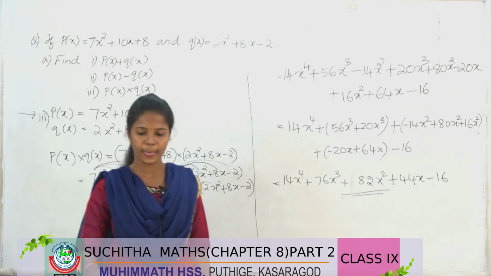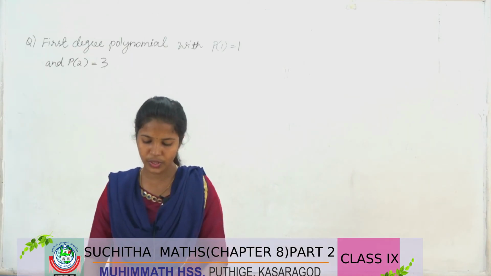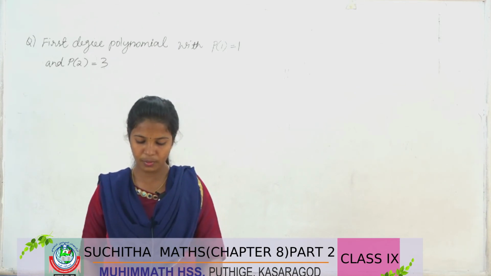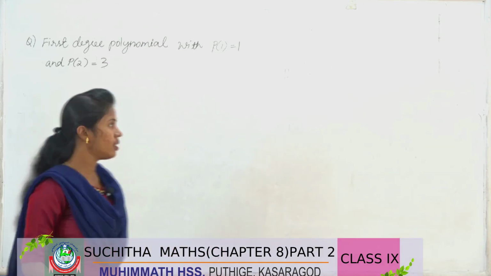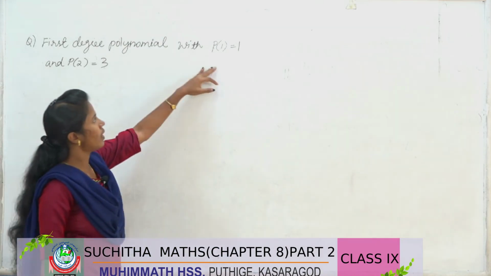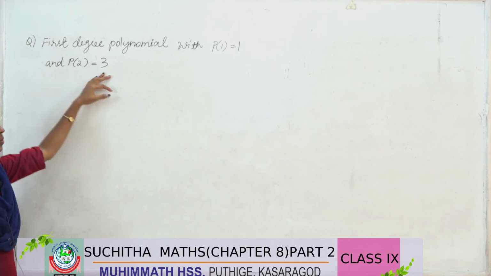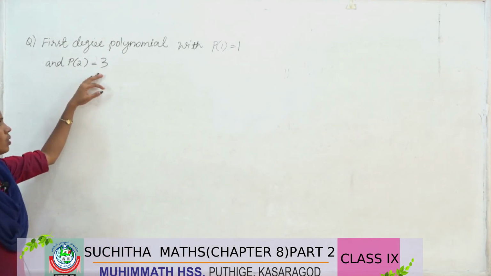Okay. Next, in your textbook, open page number 128. Find polynomials P of x satisfying each set of the conditions below. First condition is a first degree polynomial with P of 1 equal to 1 and P of 2 equal to 3.